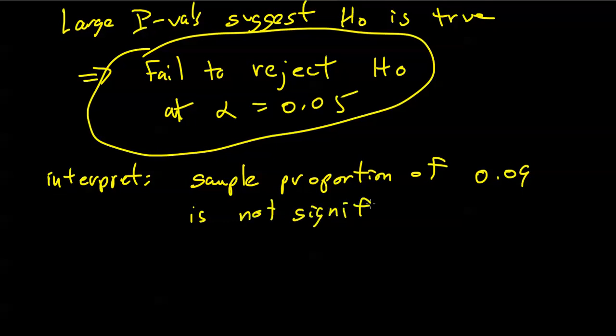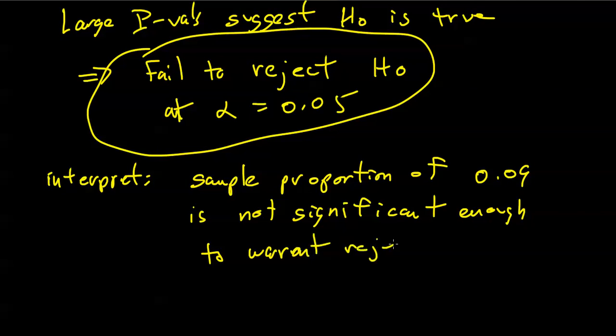I like to use the word significant, because most students are comfortable with the phrase statistically significant. Sample proportion of 0.09 is not significant enough to warrant rejection of the null claim that little p is 0.1. Right, sample data wasn't extreme enough.